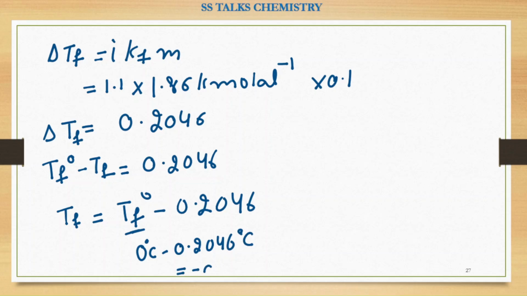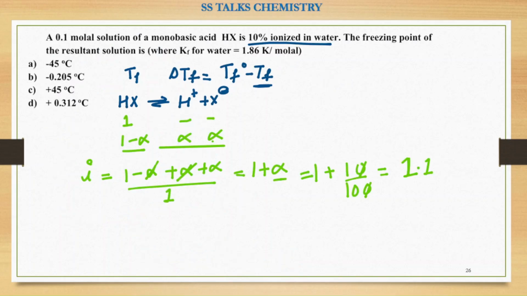So the answer we are getting is minus 0.2046 degrees centigrade. This is going to be the freezing point here. So the correct answer is option B, it is matching.